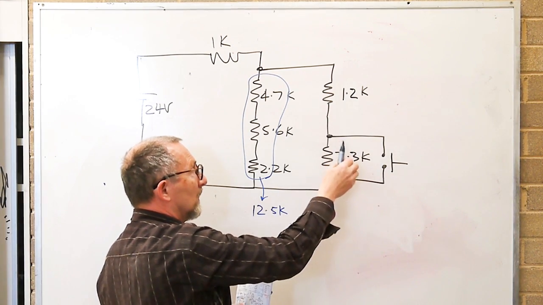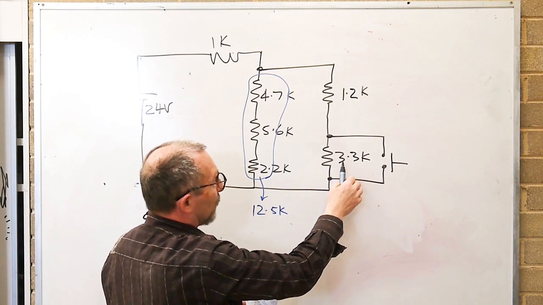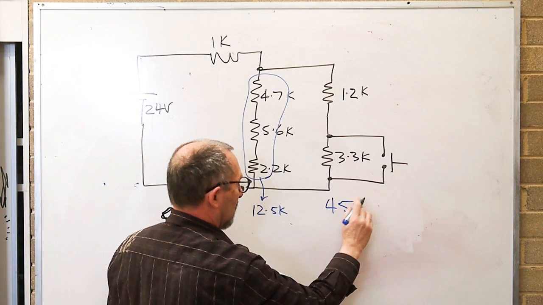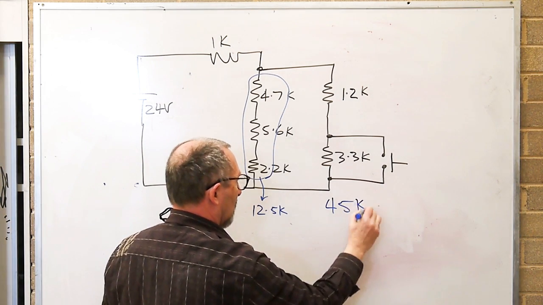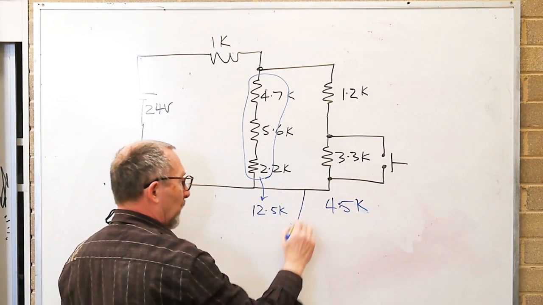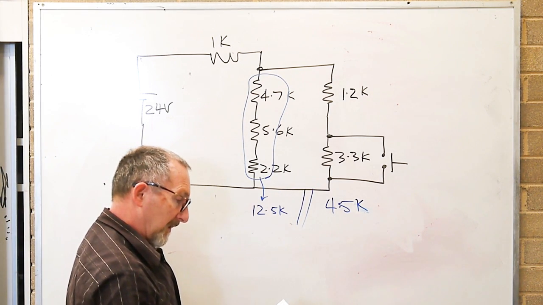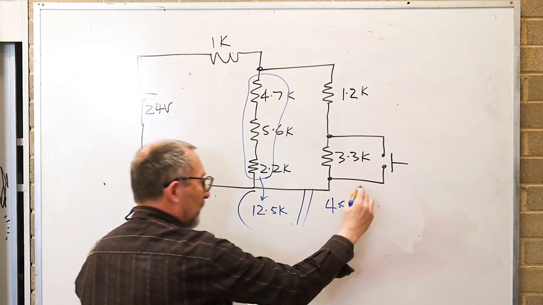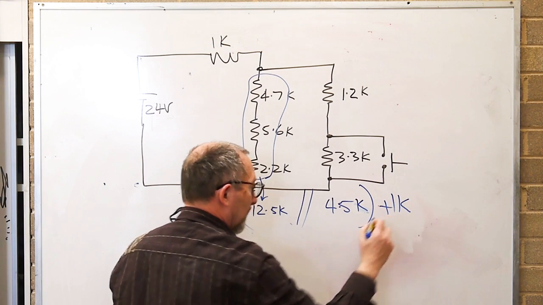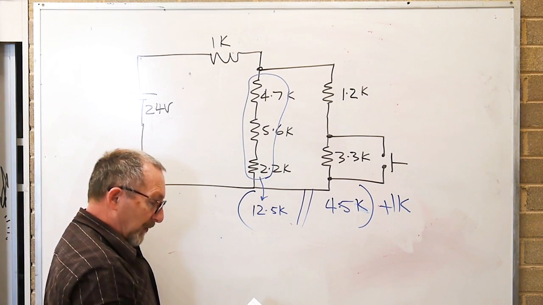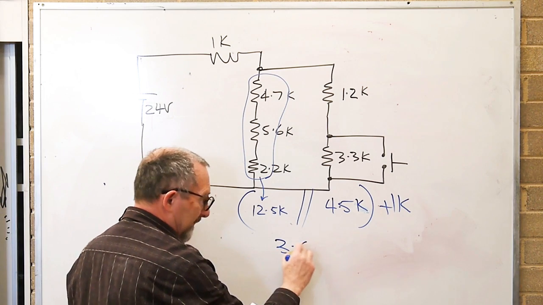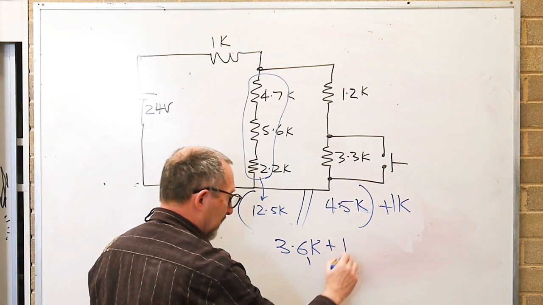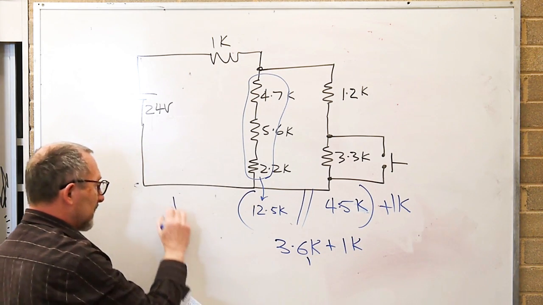So 1.2, 3.3, that's 4.5K. So it's 12.5K in parallel with 4.5K. And then we've still got the 1K. So those two plus 1K. Again, approximation, I've said it's around about 3.6K plus that 1K, plus 1K. So that's about 4.6K.